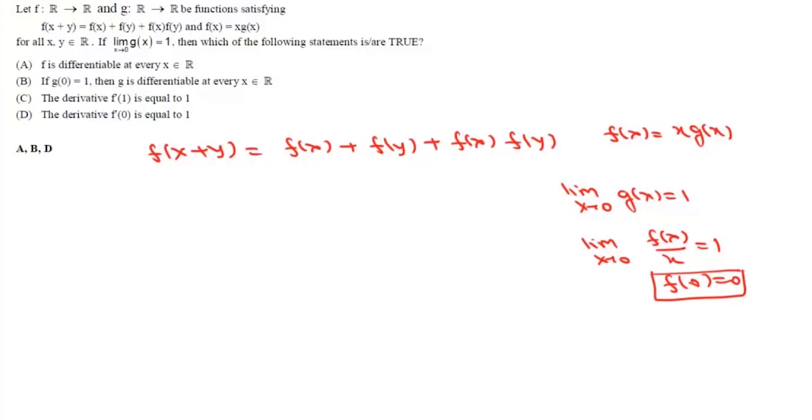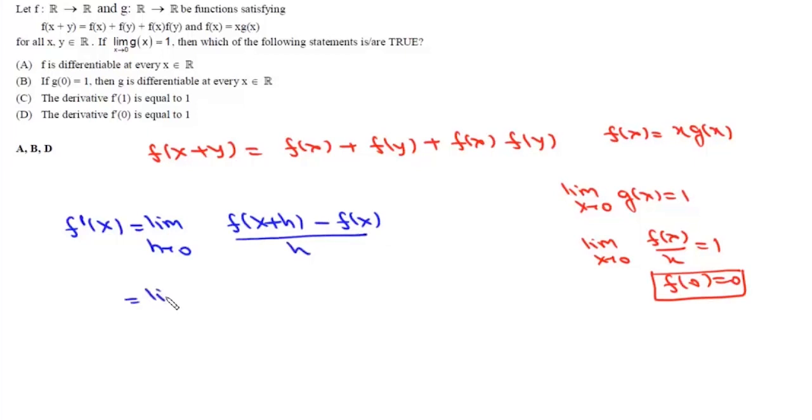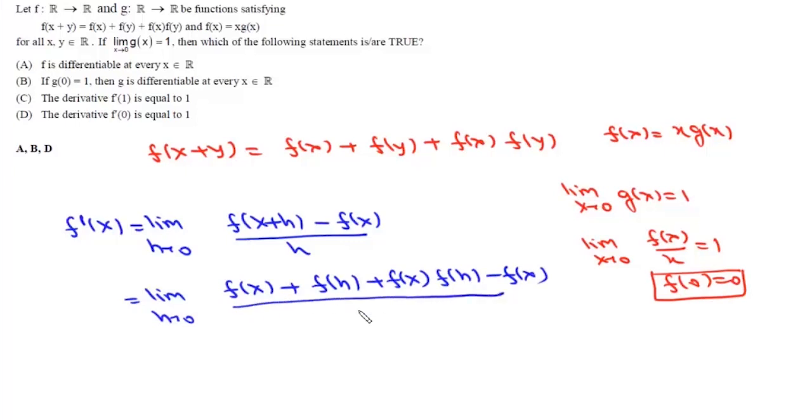Now if we find f'(x), it will be this limit h tends to 0 of [f(x+h) minus f(x)] upon h, and this we can write as limit h tends to 0 of [f(x) plus f(h) plus f(x) f(h) minus f(x)] whole divided by h.